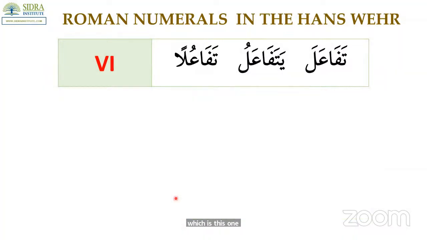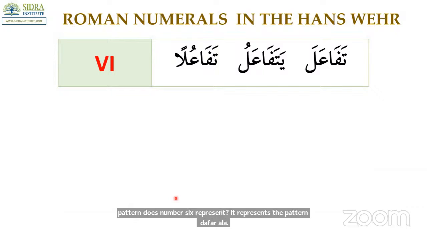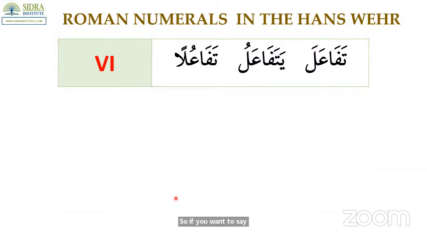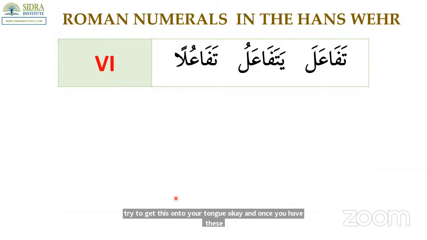Now number 6, which verb pattern does it represent? It represents the pattern تفاعل يتفاعل تفاعلا. So try to get this onto your tongue. Once you have the Roman numerals and which verb pattern each signifies, it becomes very easy.